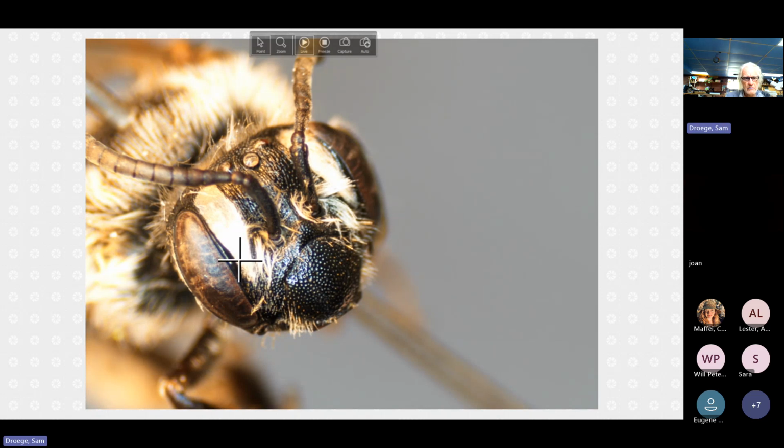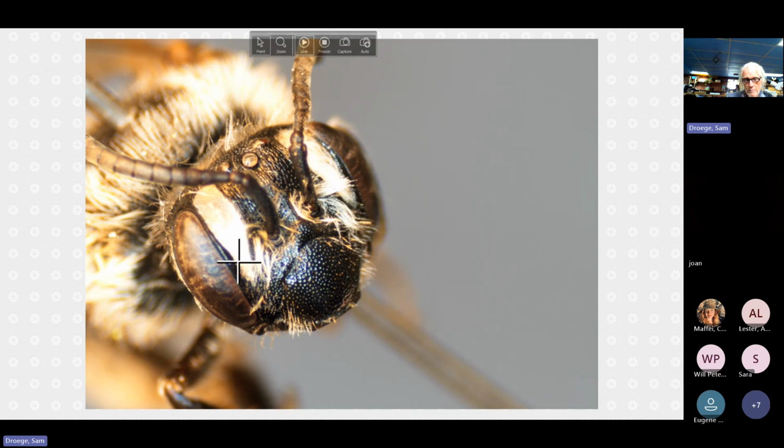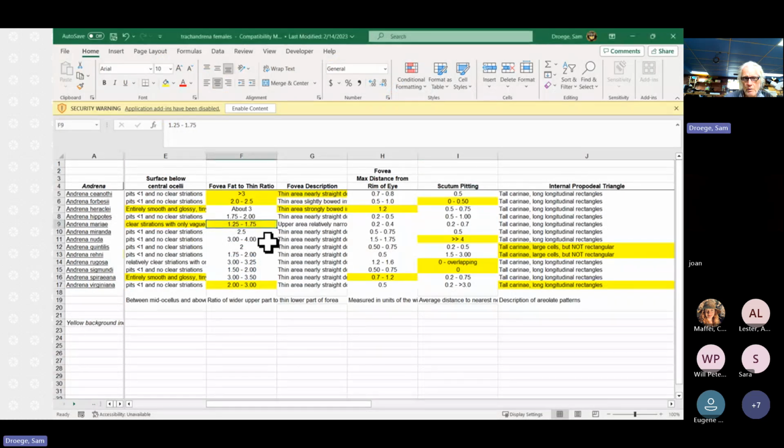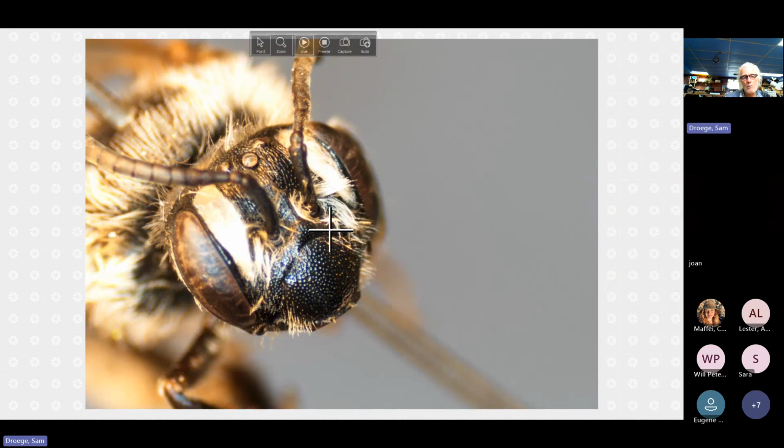And you can see that this is not as wide as others. In other words, it's not really mashing in against the lateral ocelli. This line is hardly moving away from the edge of the eye at all. And this fovea is narrower, but we saw on the spreadsheet that the difference was 1.25 to 1.75. So almost approaching 2, but you can see that the relative difference in the widths is not very great.